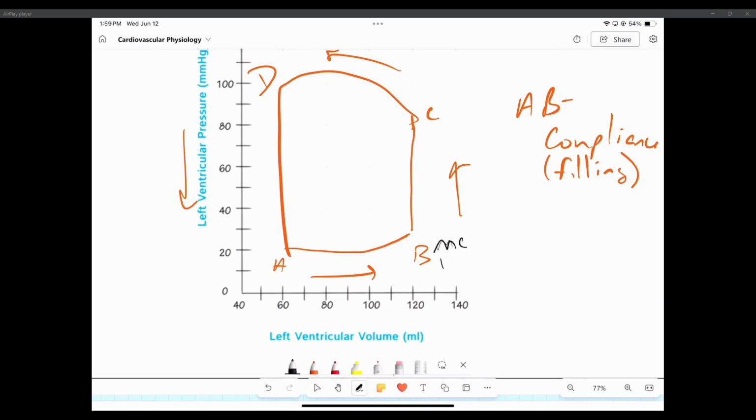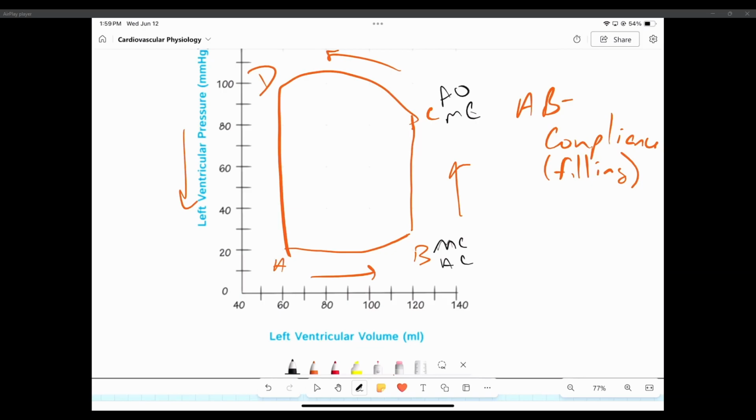Mitral is closed. Aortic is closed, right? Now, we're generating pressure in the ventricle. We're going from B to C. At point C, what is going to open up? The aortic valve is now open. Is the mitral valve open or closed at this point? Closed. So the mitral is closed.